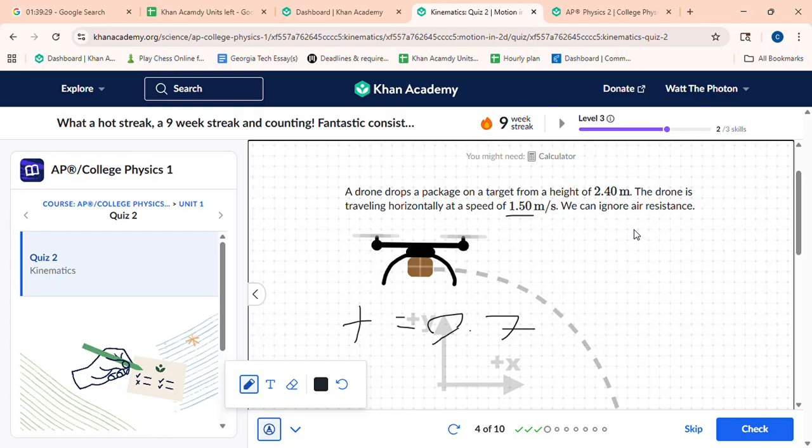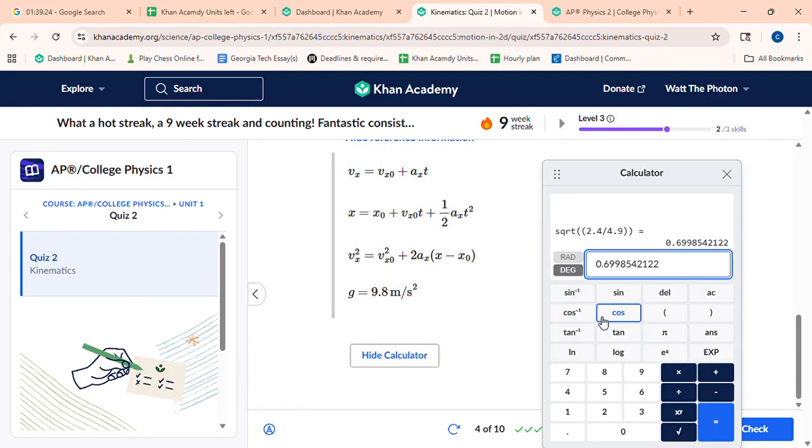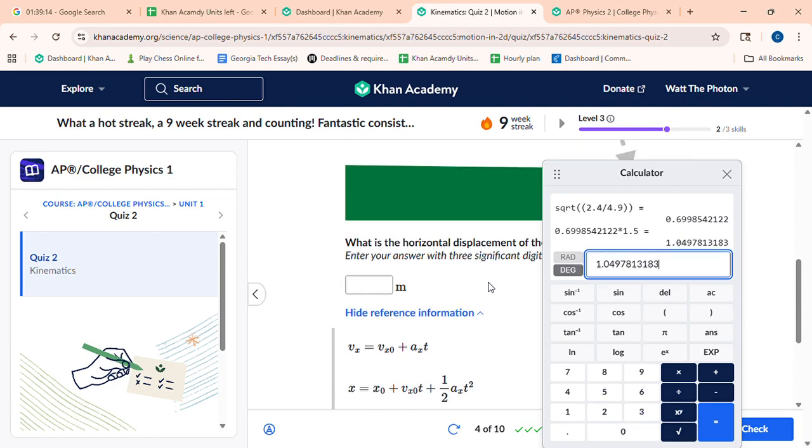So 1.5 times 0.7 should be your answer, to 3 significant digits, 1.05.